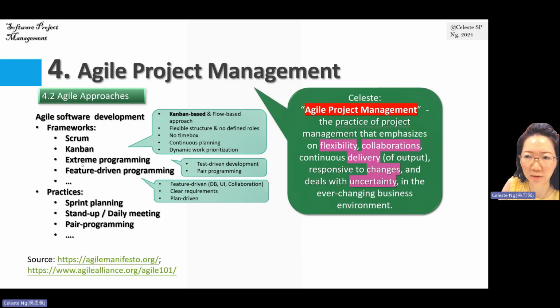Then we look at the extreme programming kind of Agile framework. Extreme programming emphasizes the best practices in software development. The key characteristics in extreme programming are that it emphasizes test-driven development and pair programming.